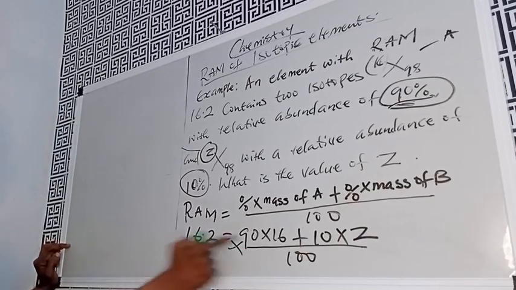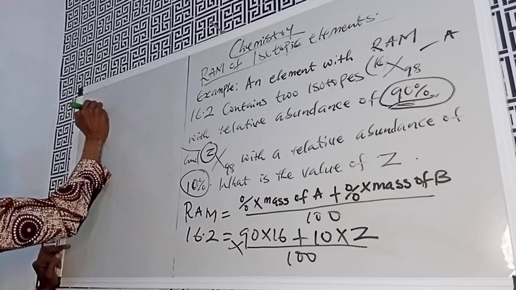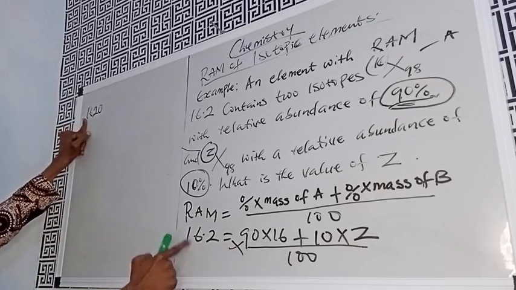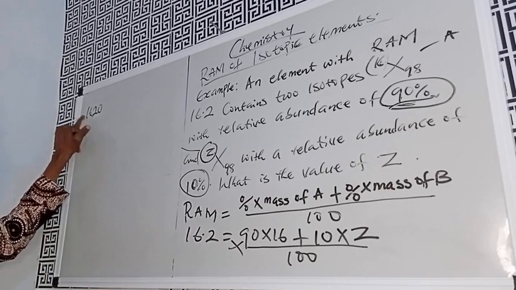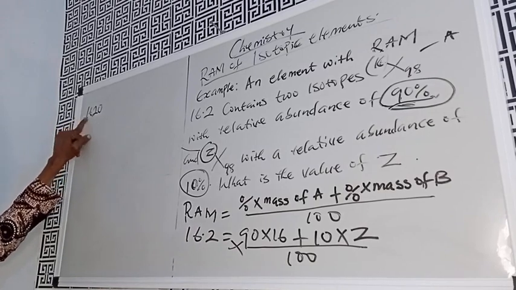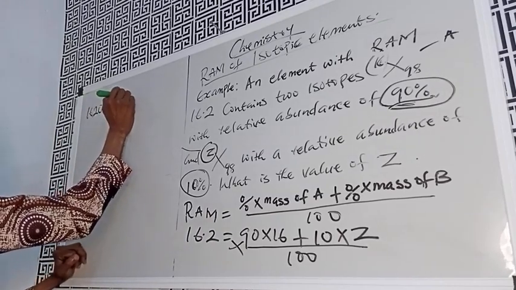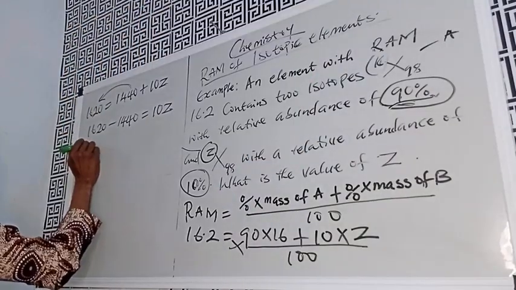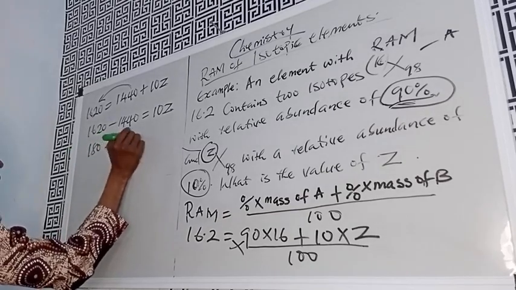When we cross multiply, 100 times 16.2 gives us 1620, which is equal to 90 times 16 plus 10z. Subtracting, we get 180 equal to 10z.